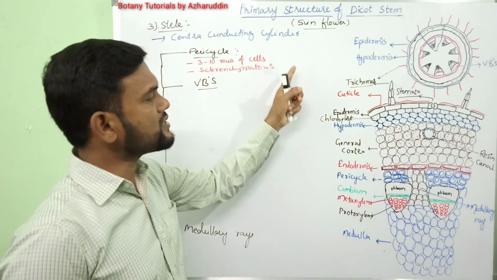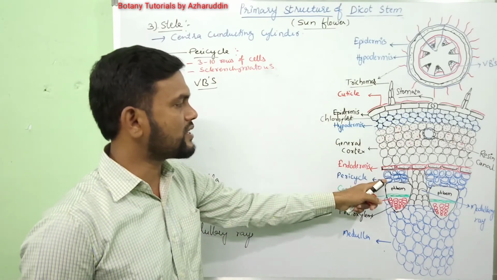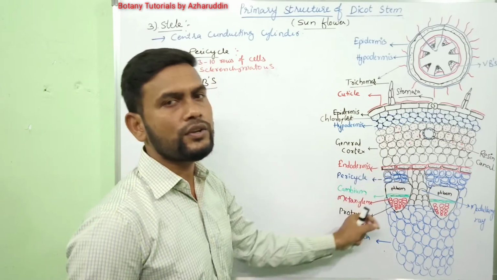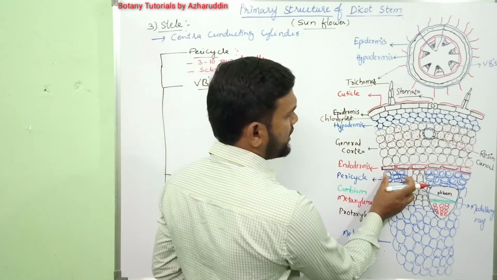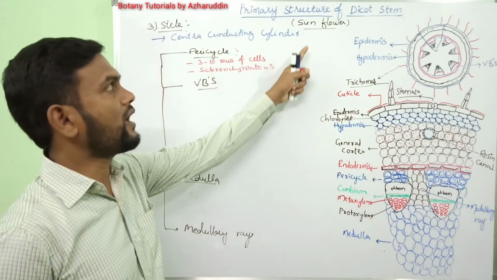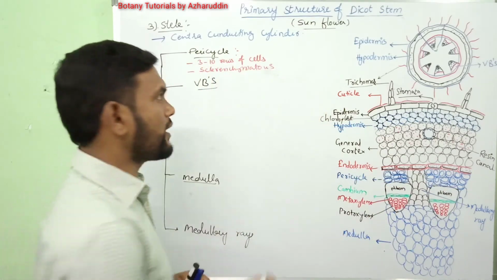In Helianthus annuus, that is sunflower, the pericycle is in the form of a discontinuous ring. That means it appears like patches.